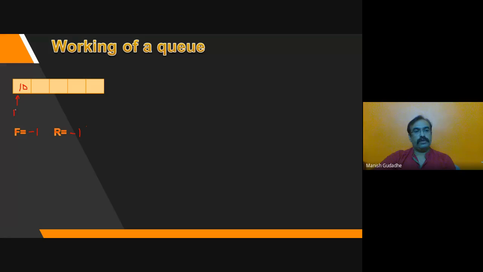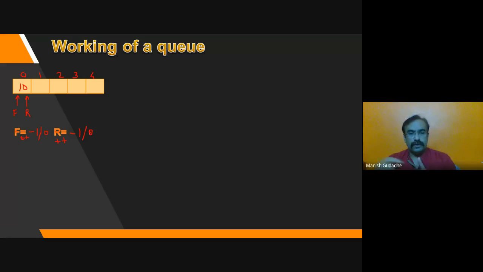So this will be pointed to by F and the same will be pointed to by R. That means I am just incrementing front by 1 and rear by 1 in the first insertion. As an array, it starts from index 0, so F becomes 0 after the first insertion and R also becomes 0.